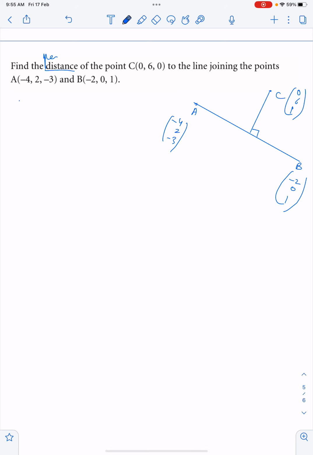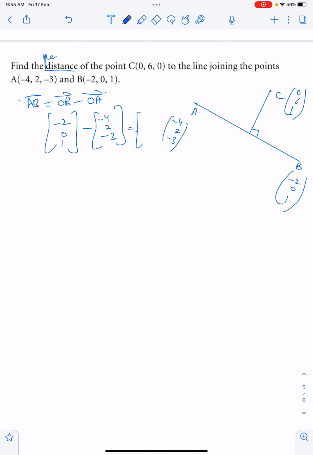First I'm going to find AB, which is OB minus OA. (-2, 0, 1) minus (-4, 2, -3), which comes out to be... I'm just erasing this. This was (-4, 2, -3). Minus 2 plus 4 is 2, 0 minus 2 is -2, and 1 plus 3 is 4. Okay, I already have AB with me.